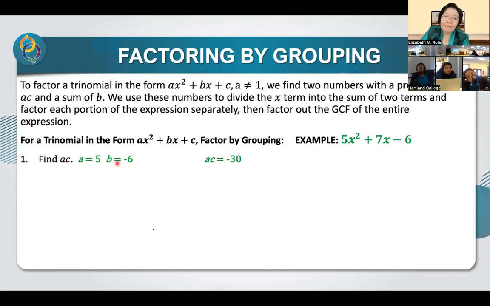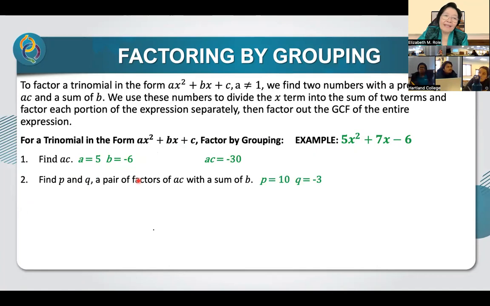That will be 5 times negative 6 is negative 30. Then find a pair of factors of negative 30 such that the sum of the two factors is the middle term, which is your B.